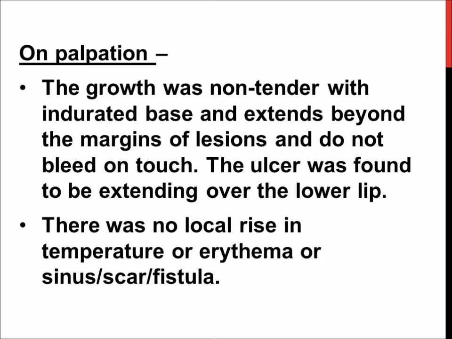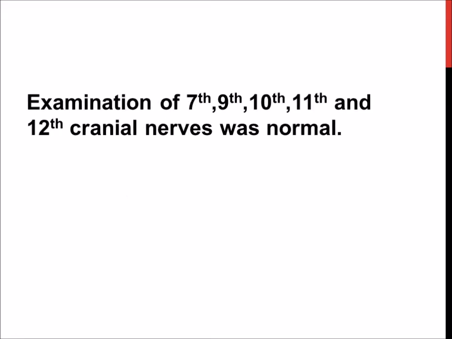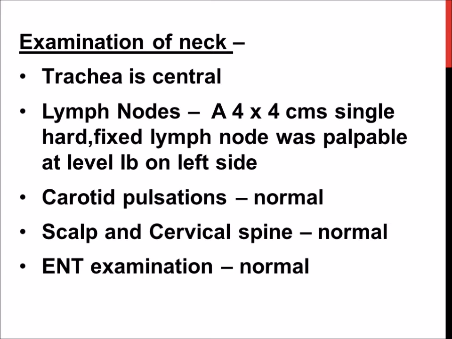There is no local rise of temperature, erythema, sinus, scar or fistula. 7th, 9th, 10th, 11th and 12th cranial nerve examinations were normal. This is again to check for base of skull involvement. Trachea is central, 4 by 4 centimeter single hard fixed palpable lymph node at level 1B on the left side.